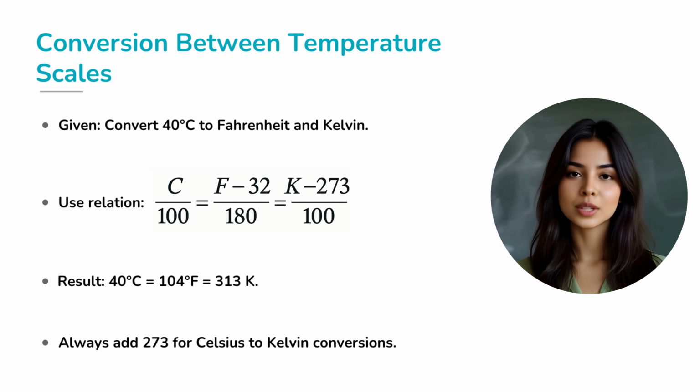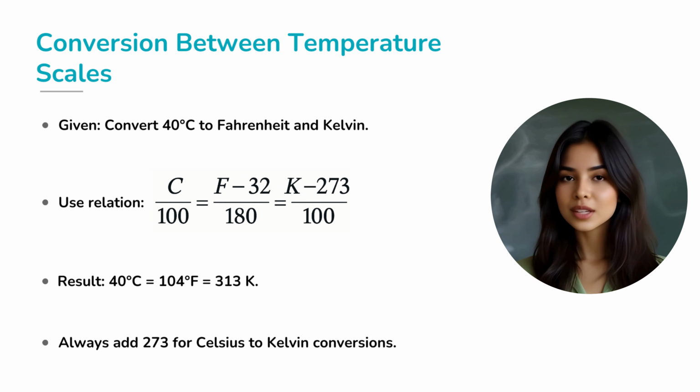Multiply across and we get F = 104 degrees Fahrenheit. For Kelvin, the conversion is even easier. Add 273, so 40 + 273 = 313 Kelvin. Thus, 40 degrees Celsius corresponds to 104 degrees Fahrenheit and 313 Kelvin. Always remember, Celsius to Kelvin is a straight addition of 273.